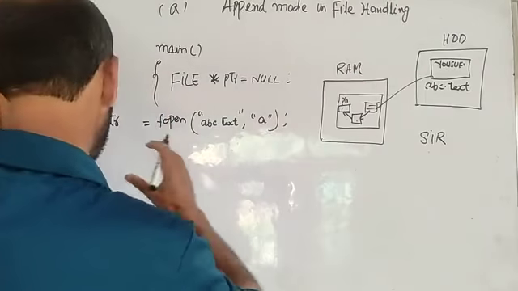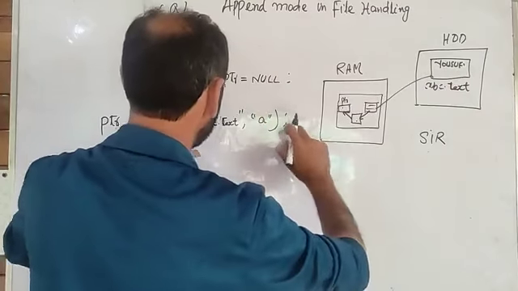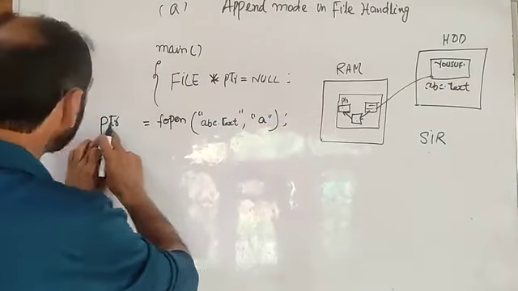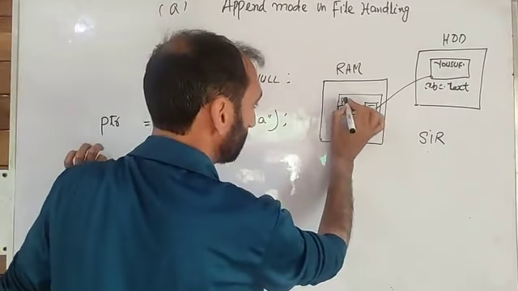So now it will open the file abc.txt, load it in the main memory, and return a pointer that will get stored in this ptr.